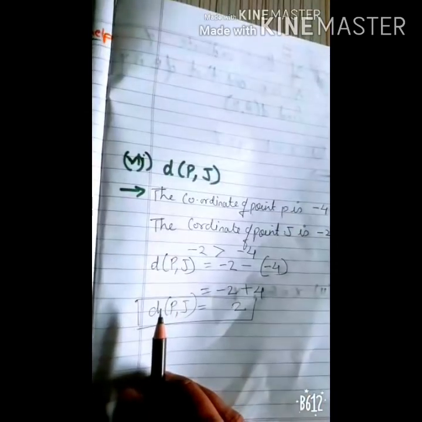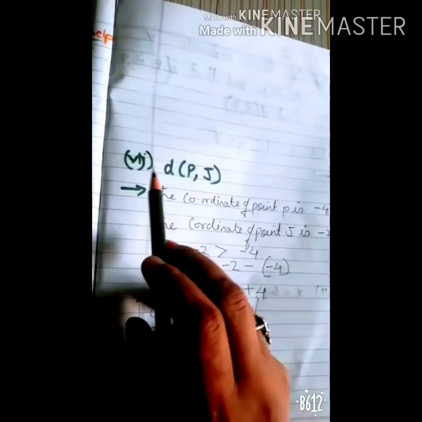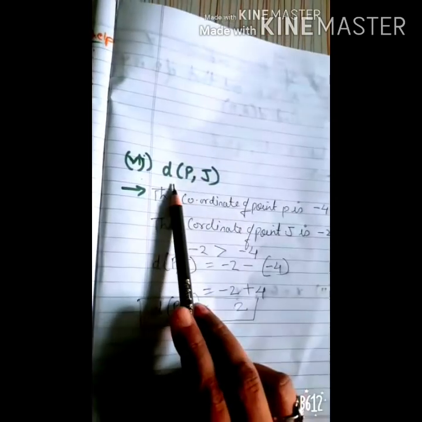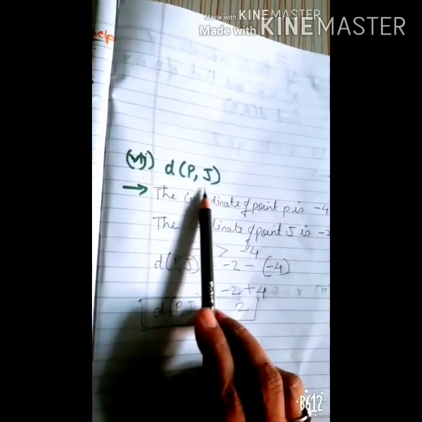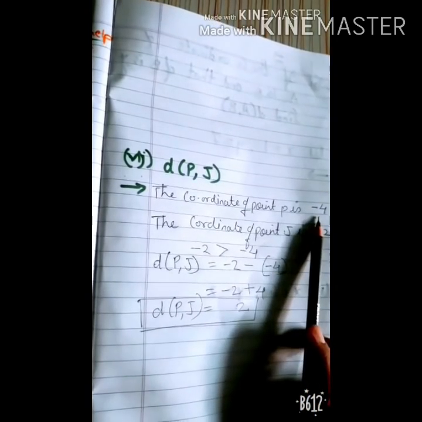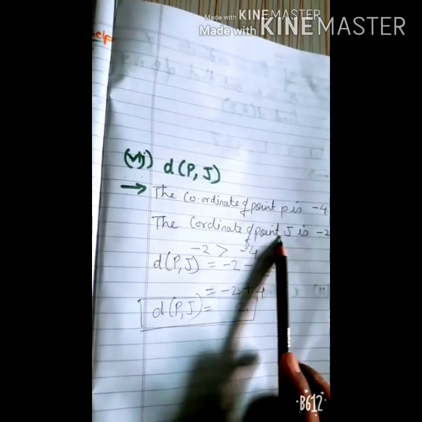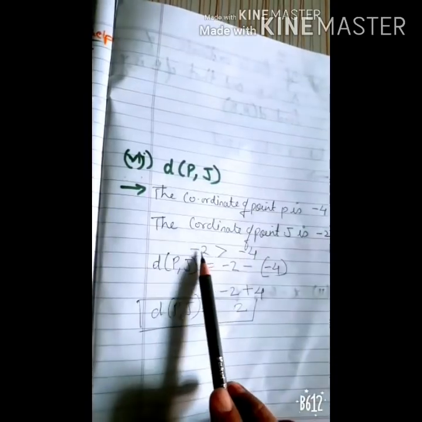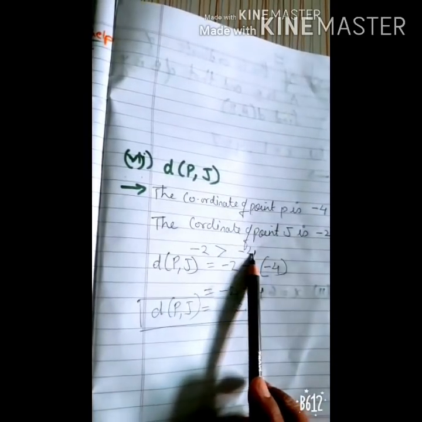I have already explained two sums, now the next sum: find the distance between the points P and J. The coordinate of point P is minus 4. The coordinate of point J is minus 2. Minus 2 is bigger than minus 4.